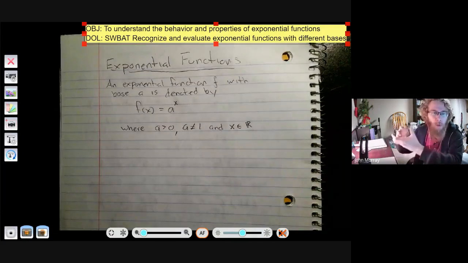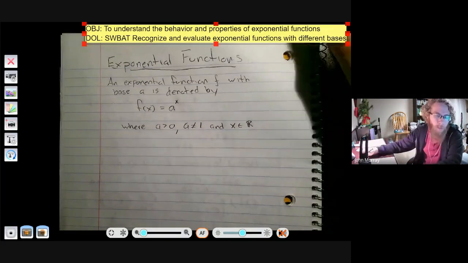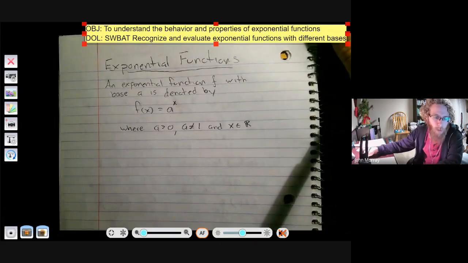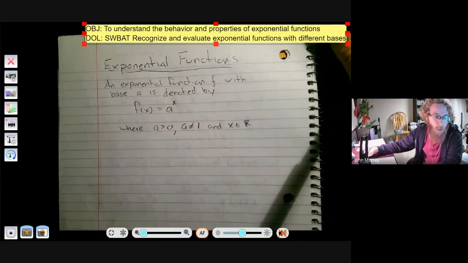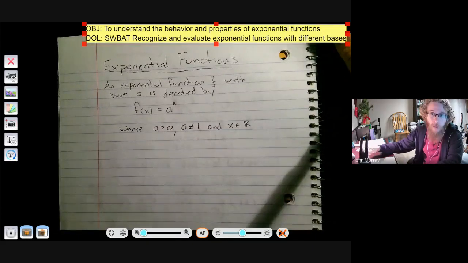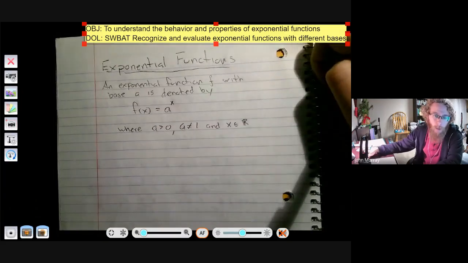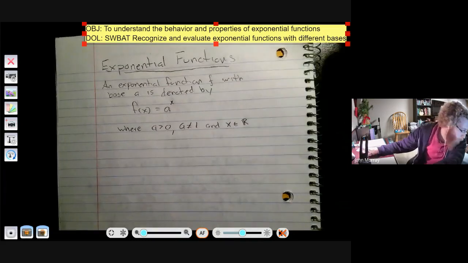If you have a radioactive bar of uranium, due to chemical processes, that uranium will eventually disappear, right? It shrinks and shrinks. It loses its radiation. That's called half-life, and that's modeled by exponential functions as well. So there's a lot of ties into the science community with exponential functions.